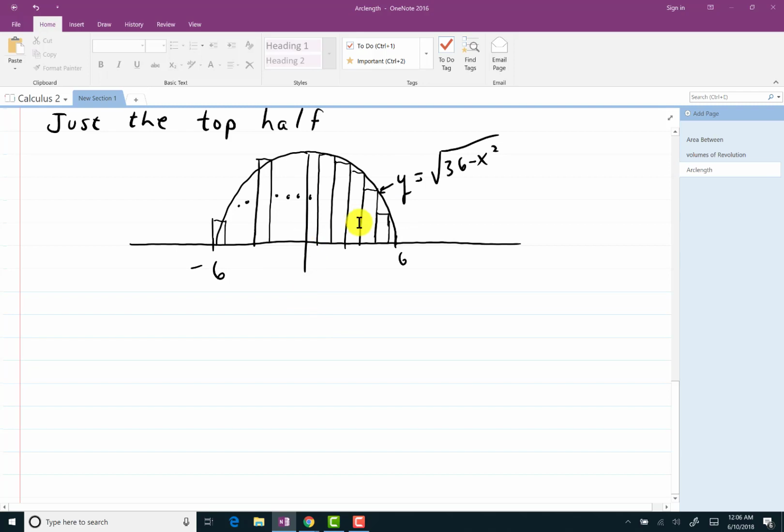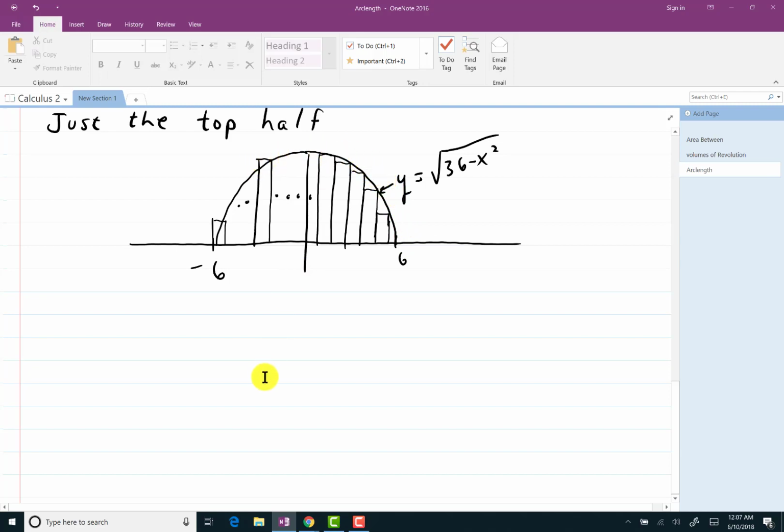Sorry, didn't mean that. Actually, try to use the widths of each of these rectangles, add them up, and then as we allow the rectangles to get smaller and smaller, it's going to conform more perfectly to this curve.